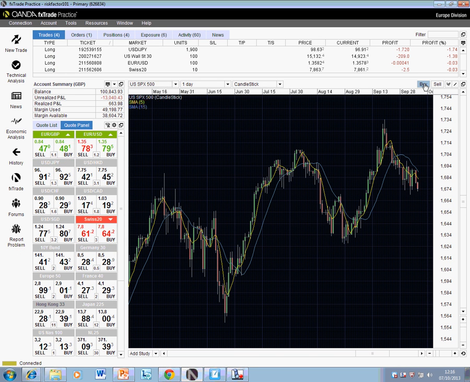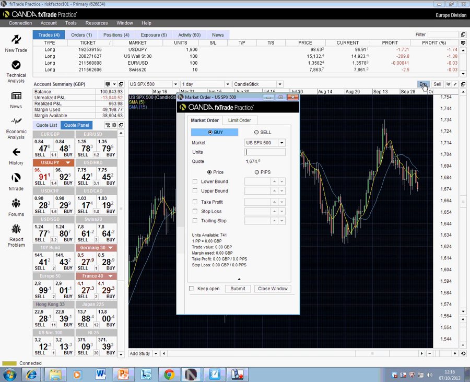When you, let's say, decide to go long, this is an example, and you're executing your buy order, you have the option of setting a stop loss. So you're buying it at 174, and your stop loss is 171.